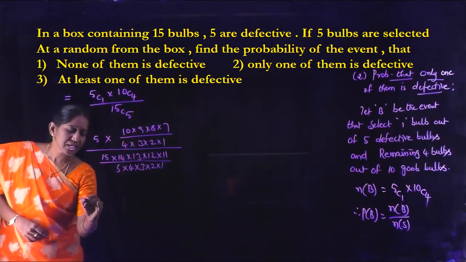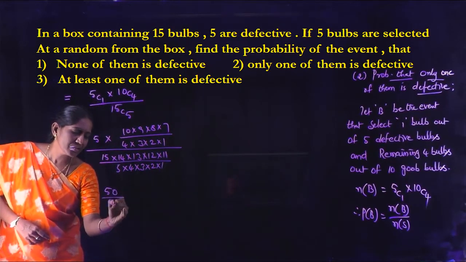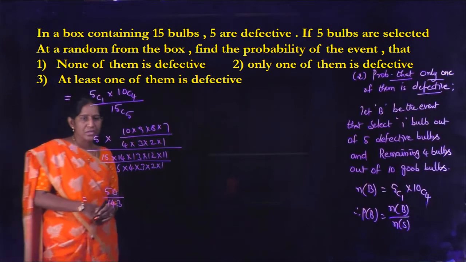By doing cancellation, we get the value 50 by 143.